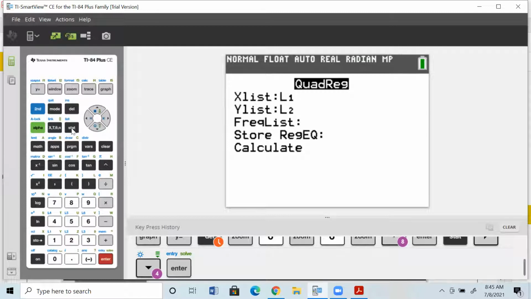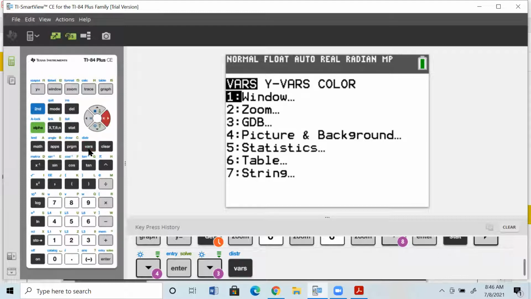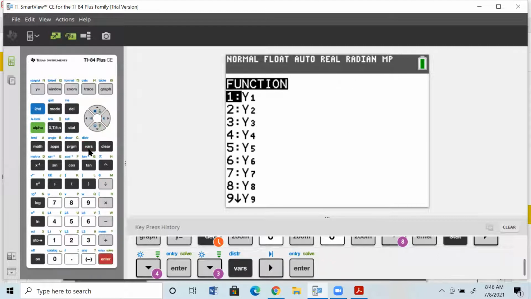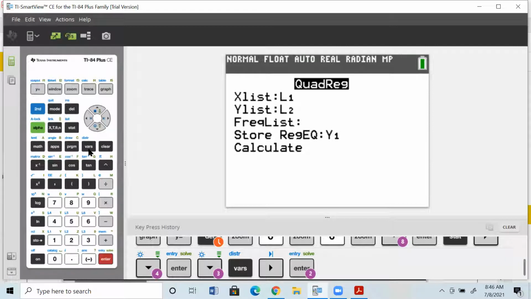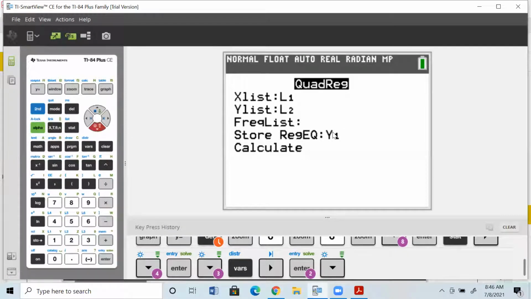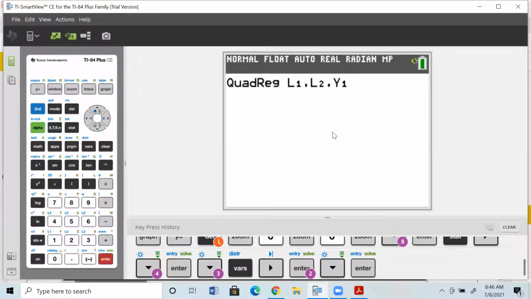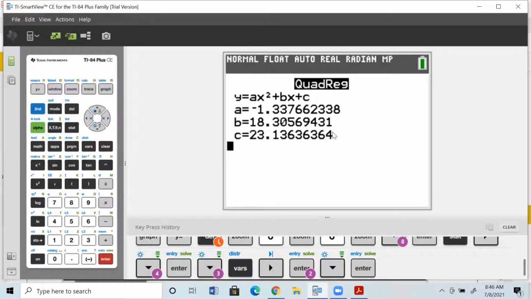This shows us that the X values are being pulled from list 1, the Y values are being pulled from list 2, and then we're going to specify that we want this regression equation stored into the Y equals. So in order to do this, we press variables, arrow over to Y variables, 1 and 1. That will key in a Y1 here, arrow down to calculate, and hit enter.